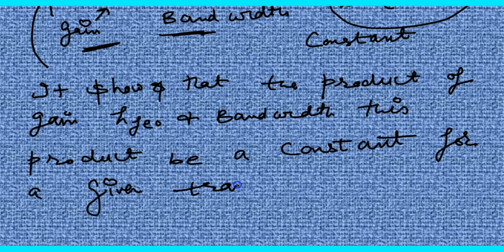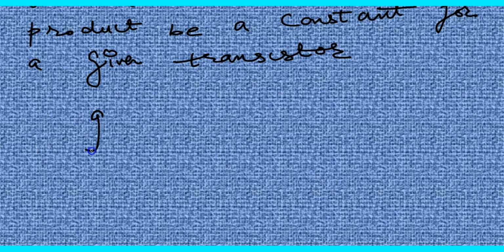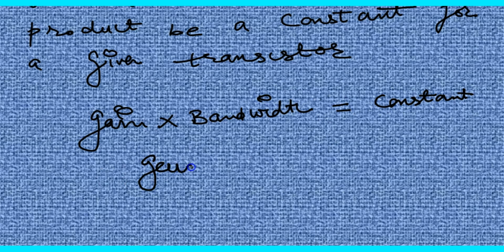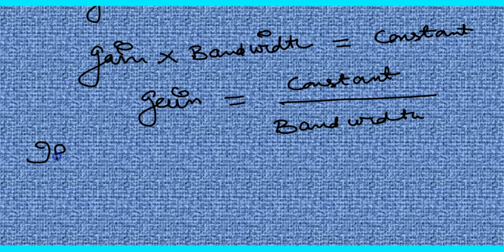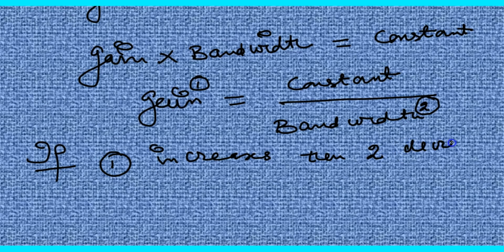So gain bandwidth, gain meaning current gain. Current gain into bandwidth equals a constant. The current gain equals a constant over the bandwidth. If the current gain decreases for a transistor, then the bandwidth of that transistor will increase.